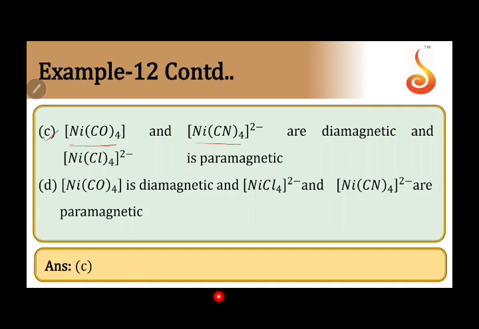Ni(CO)4 and [Ni(CN)4]2- are diamagnetic. [NiCl4]2- is paramagnetic. Let's also remember their hybridization. Ni(CO)4 undergoes sp3 hybridization. [Ni(CN)4]2- undergoes dsp2 hybridization. [NiCl4]2- undergoes once again sp3, but this time paramagnetic, leaving 2 unpaired electrons. Option C is our answer.